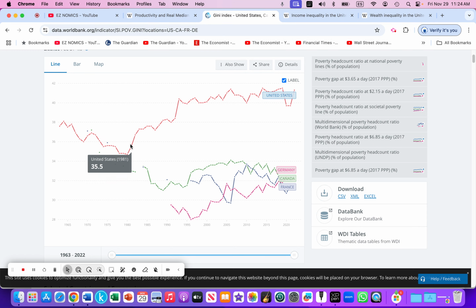But from 1980 onward, it's getting worse. Income distribution is worsening and worsening. And then we can see it's kind of stagnating in the 2000s onwards. But it's definitely worse than other developed countries. Other developed countries have much lower Gini indexes, closer to 0, better distribution of income in this case.